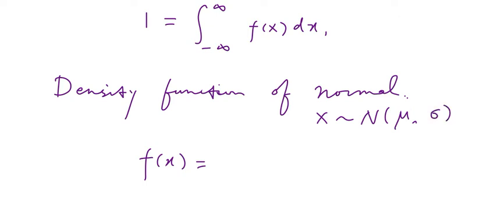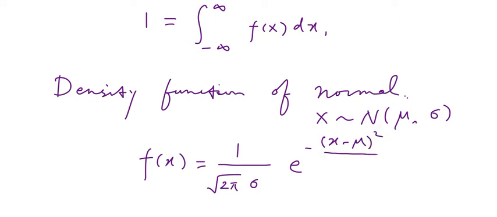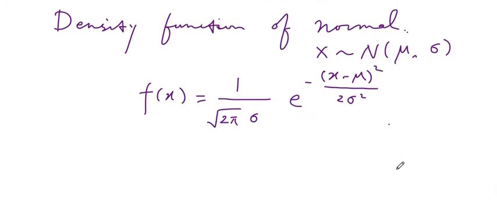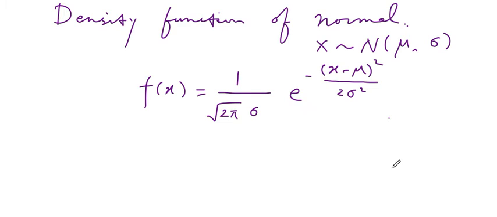Then the density function is f(x) equals 1 over radical 2 pi sigma, times e to the negative (x minus mu) squared over 2 sigma squared. Why do we have this coefficient? We leave this; we will explain later on.